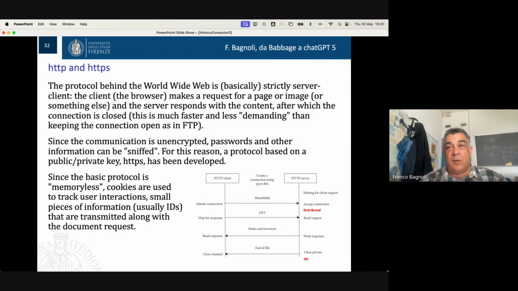If you want something more, you have to reopen the connection. Clearly, there are improvements to keep a connection open, because, for instance, you can first ask for a document, then for all images, and it is much faster to keep the connection open and transfer all of them one after the other. But essentially, this is an improvement over the standard protocol, which says you establish a connection, you transfer things, and the connection is closed. The server has no need, in general, of keeping track of the client.